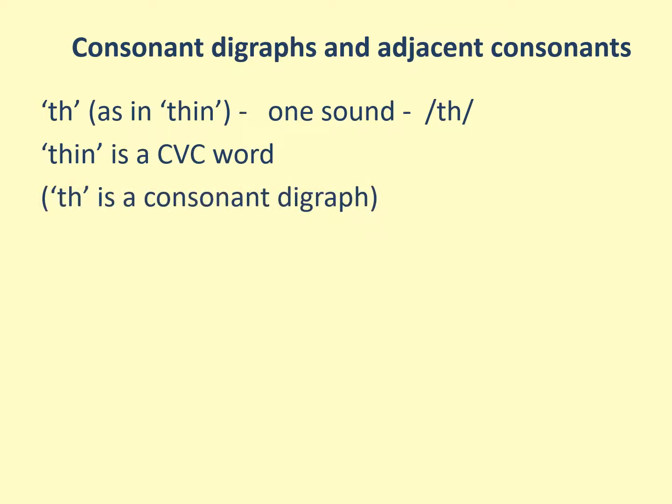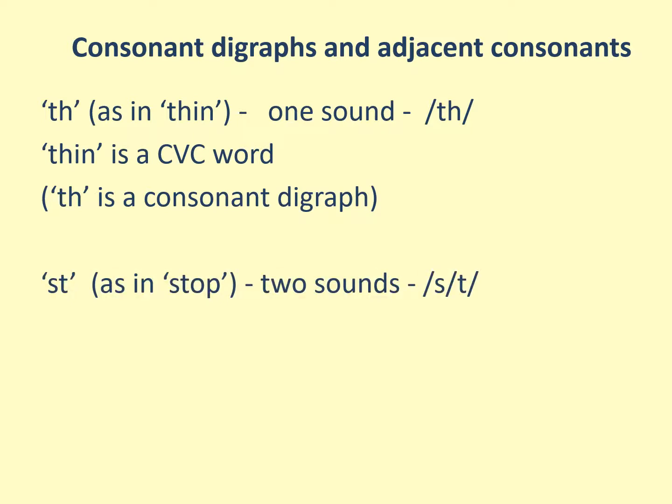In this case, the TH together making the sound th is a consonant digraph, which you should remember from the lesson on the 4 principles of phonics. By contrast, if we look at "stop" and we sound it out, we orally segment it, "stop" becomes s, t, o, p. 4 phonemes.